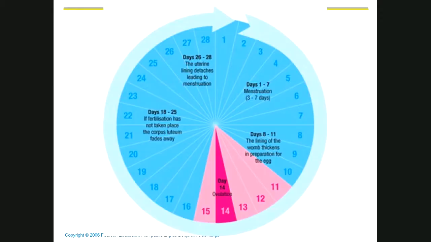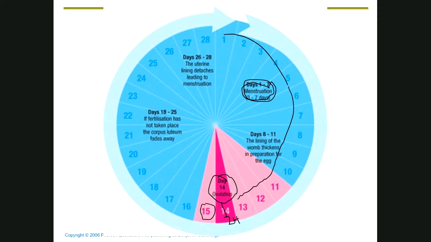Again, it's a cycle. So if we look at it here, these first few days are where menses happen. And then here we're going to increase the thickness in preparation for the embryo that's going to come along. Right here's where ovulation happens. Remember, it only lives for 24 hours. And so we have to have fertilization between here and here.